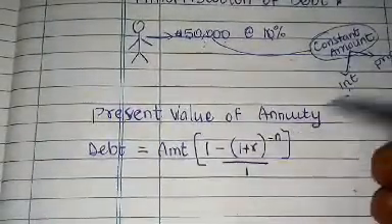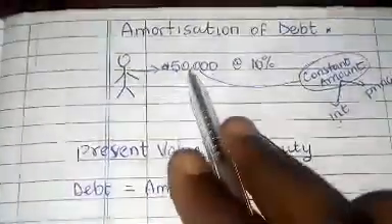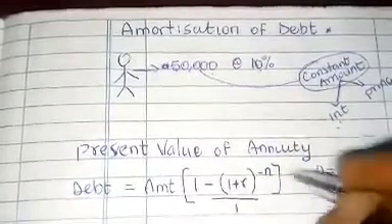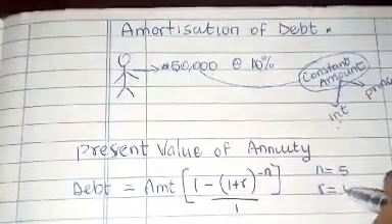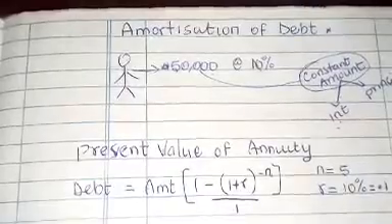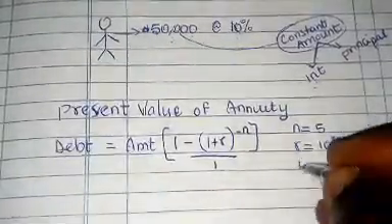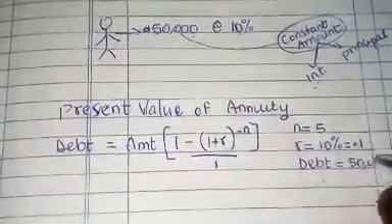In this case, if Mr. George is to pay this 50,000 for 5 years, our N will be 5, at the rate of 10%. Our R will be 10%, which equals 0.1. Then our debt is 50,000.